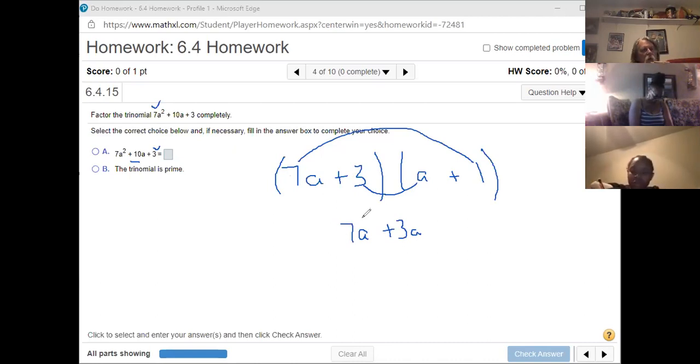Now, several years ago, I had a student, and I do not think there's anything wrong with this, got on Google and looked at some apps for his graphing calculator. And you see that there's a port right there. You can hook a cord from this to your computer. And he found some software that would do some factoring.